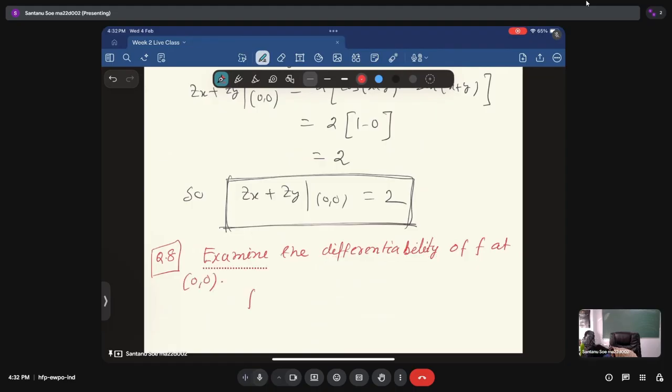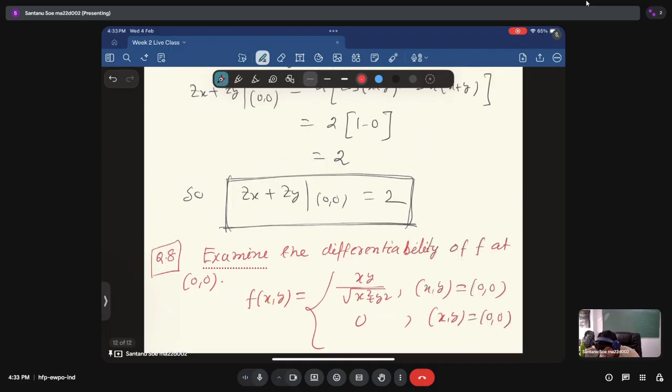So f is given by xy divided by square root of x square plus y square, where xy is not 0, 0, and 0 when xy is 0, 0.